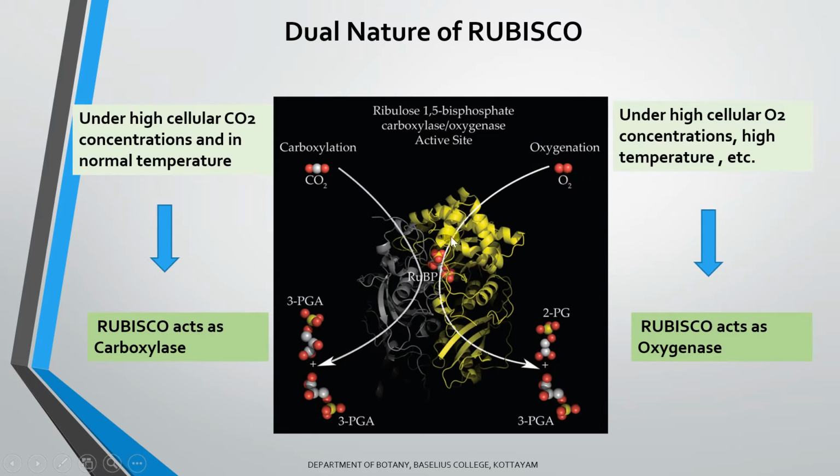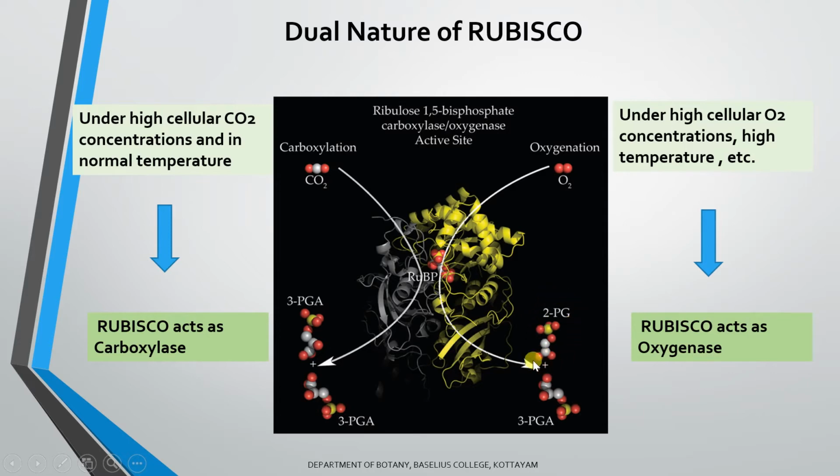So oxygen occupies the active site of Rubisco and oxygenation of RuBP takes place. As a result of oxygenation, no carbon is added here. The 5 carbon compound splits up into one 3 carbon compound, the same 3-PGA, and in addition, a 2 carbon compound is formed, that is 2-phosphoglycolate.